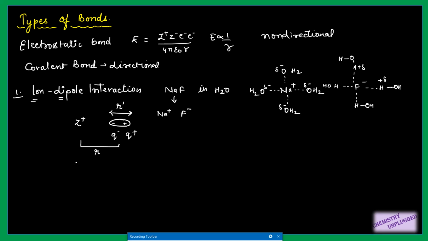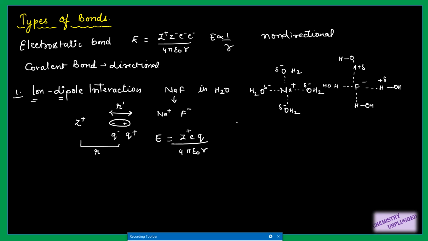It is denoted by suppose R. So the energy of this interaction will be given by the charge on the ion, that is Ze, times Q over 4 pi epsilon naught R, right?